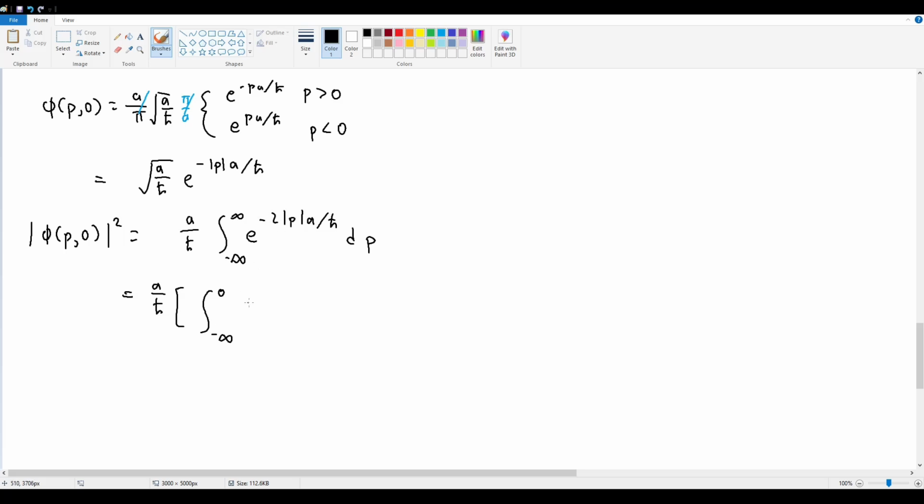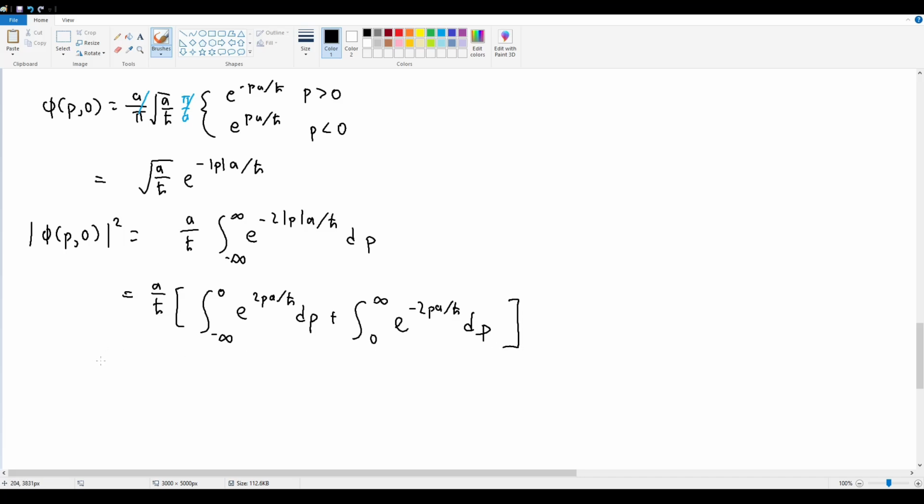So we can rewrite this as exponent 2pa divided by h bar, because since p is going to be negative anyway, we can retain the negative sign here by just getting rid of it at the front here. Close this dp, and then add integral from 0 to infinity e to the negative 2pa over h bar like this, to preserve the negative sign here, because p is always positive on this side.